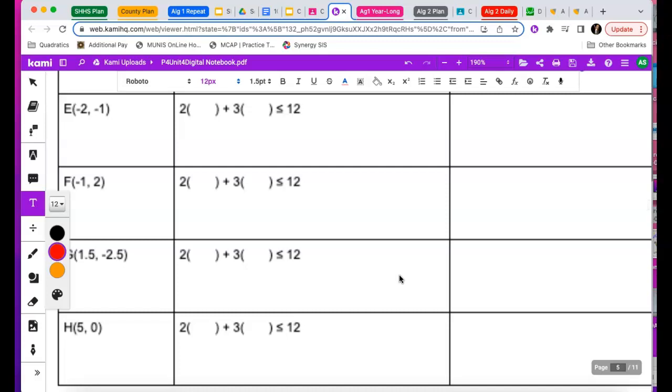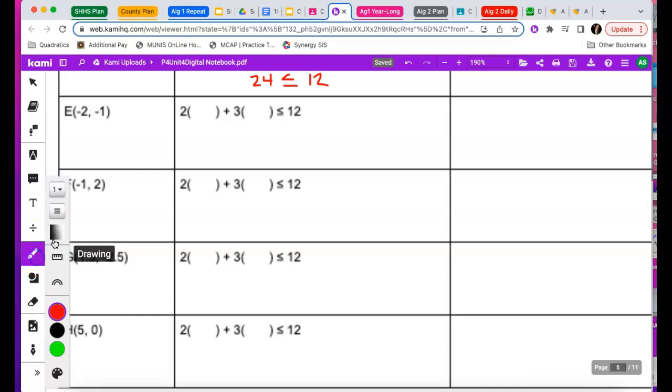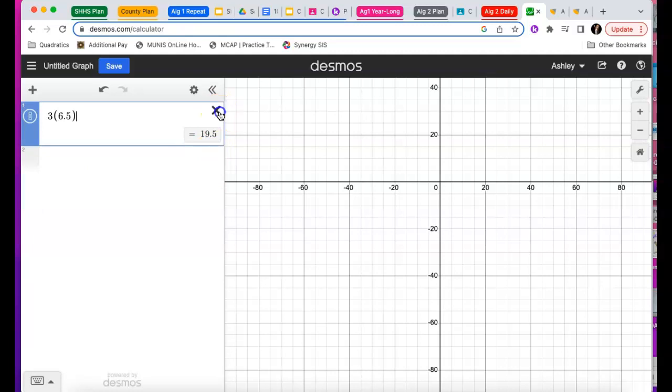So we've got more coordinates that we're going to check, and we're going to do this kind of quickly. First number is your x, second number is your y. So we'll put -2 in for x, -1 in for y. And I'll show you how we can type this into the calculator. So we'll do 2 times -2.